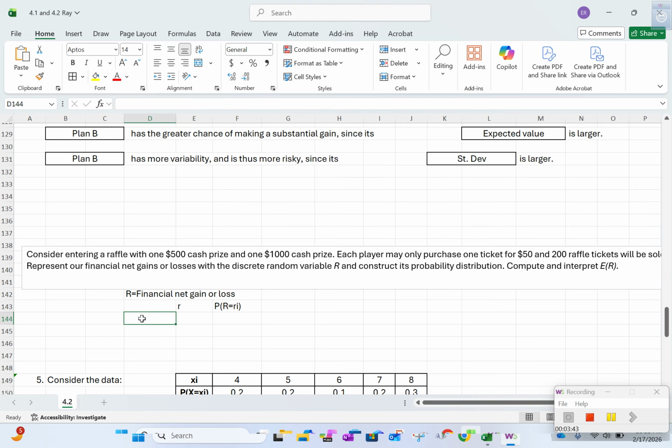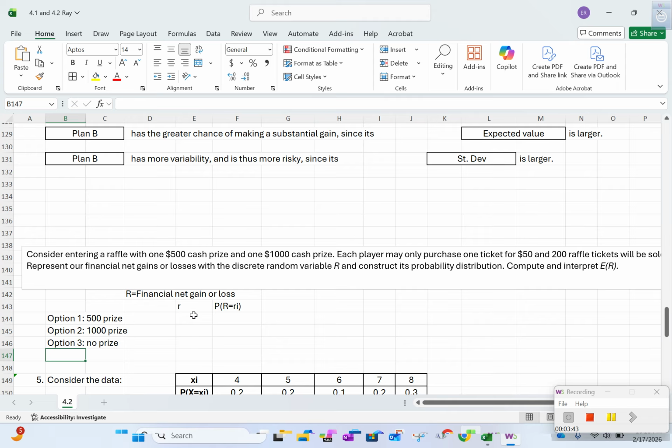But separately, I'm going to talk about our options over to the side here. So option 1, and I'll move it over a little bit so we have room. Option 1, we could get the $500 prize. Option 2, we could end up with the $1,000 prize. Or option 3, we could have no prize.